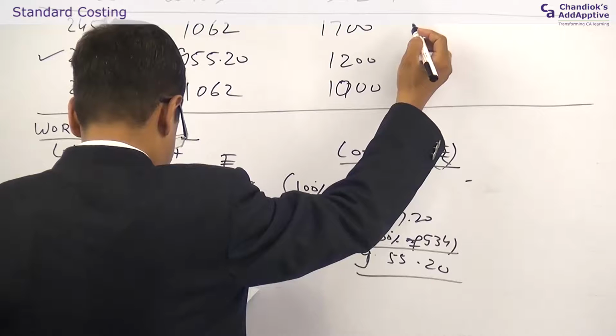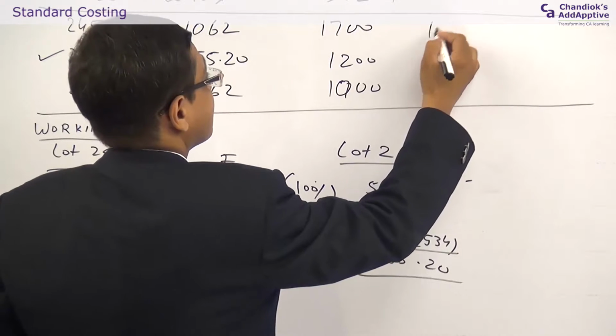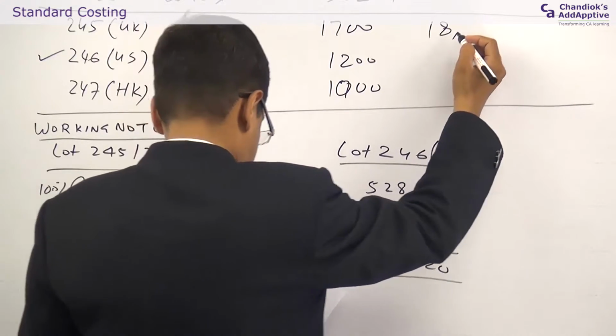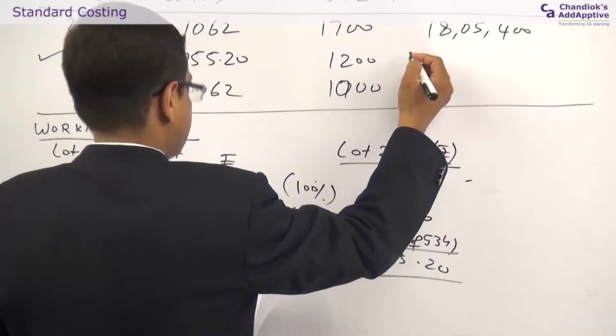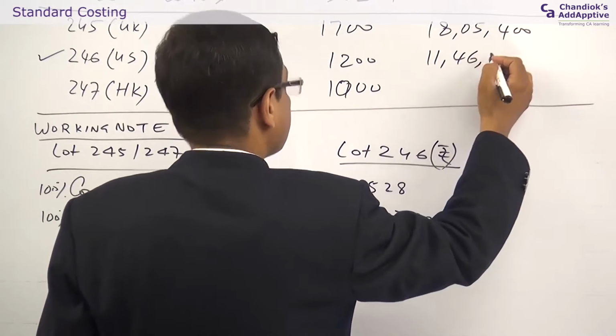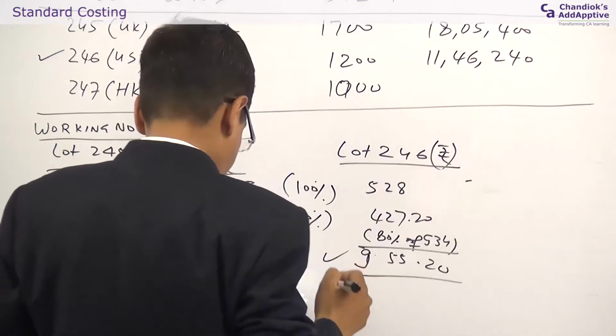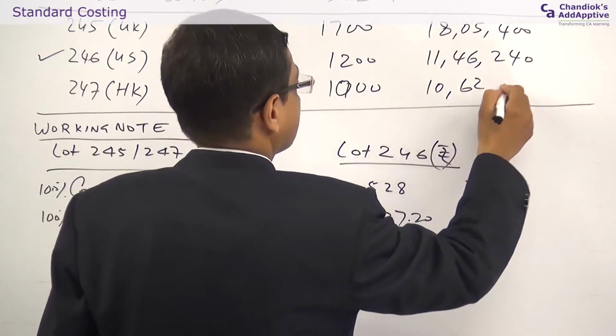So, total standard cost is coming something like this: 18 lakh 5400. This comes 11 lakh 46,240, and finally 10 lakh 62,000.